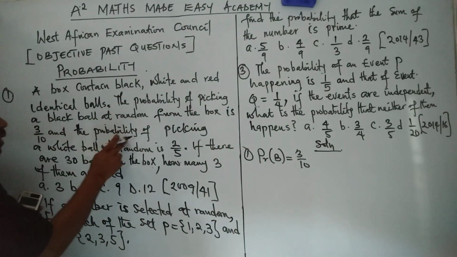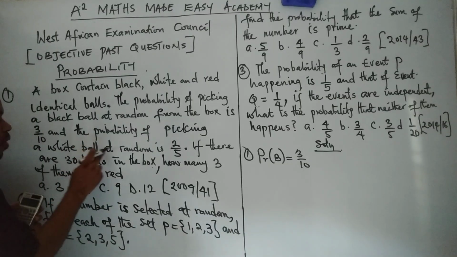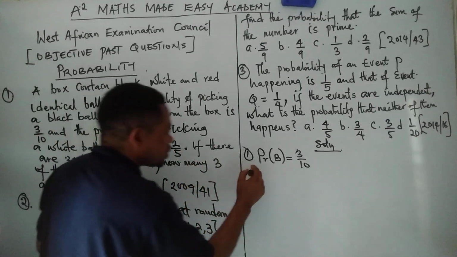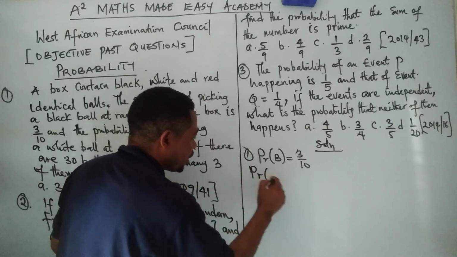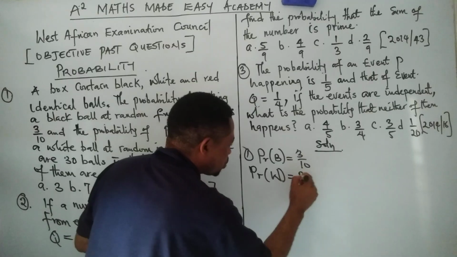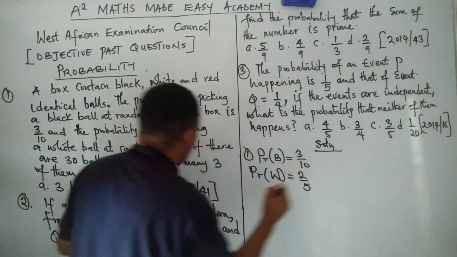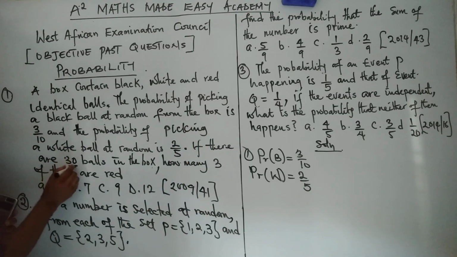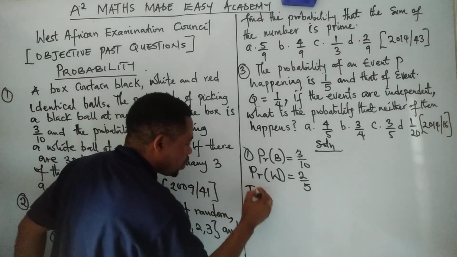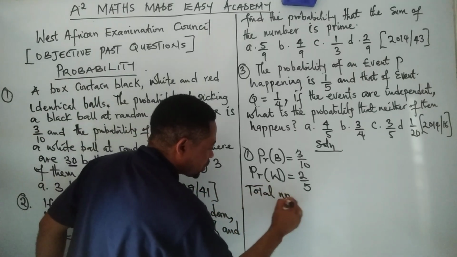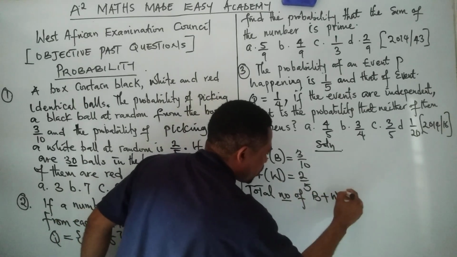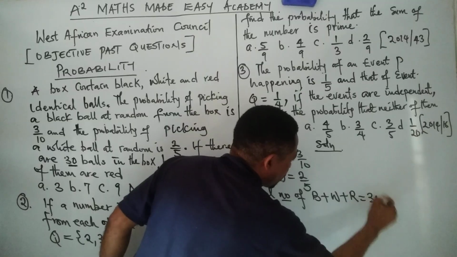And the probability of picking a white ball at random is 2/5. Are you there? Now if you continue, the question says if there are 30 balls in the box, so which means the total number of black plus white ball plus red ball is given as 30.